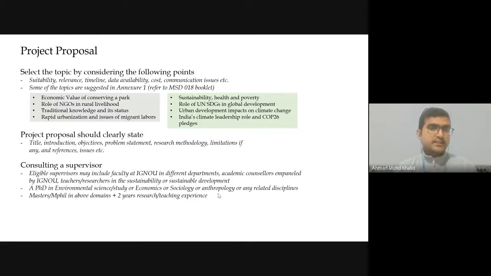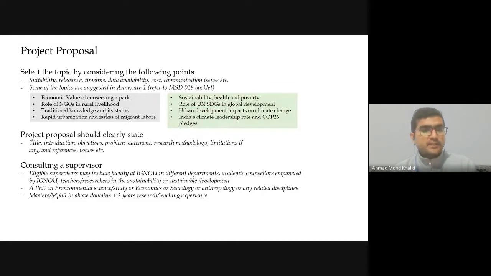Your booklet, that is MSD 018, already presents in the annexure some of the topics. For example, in the gray box, I have taken it from your booklet. They suggest some topics like the economic value of conserving a park. These are just four I have listed. The list is long: role of NGOs in rural livelihood, traditional knowledge, rapid urbanization. In the green box, I have suggested a few topics.